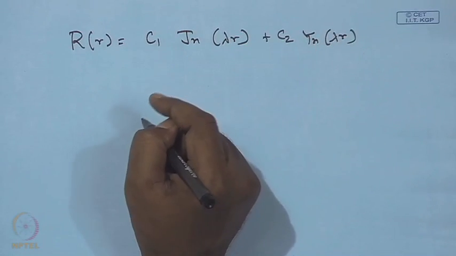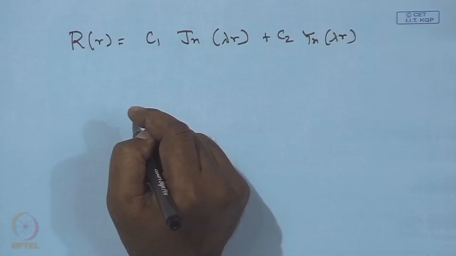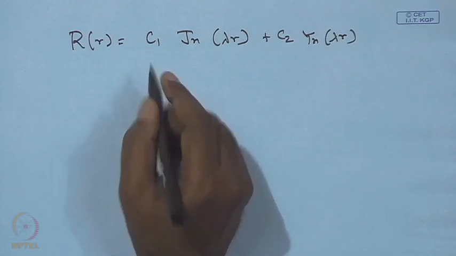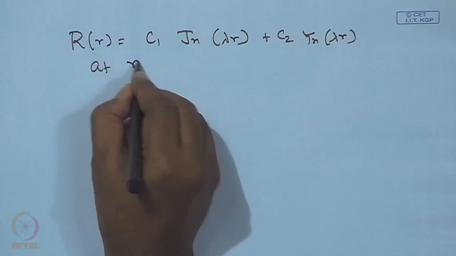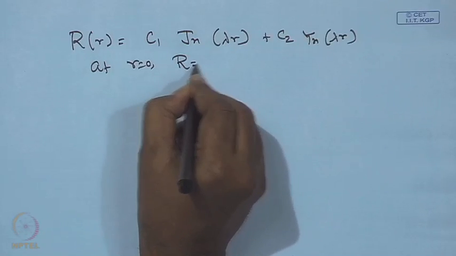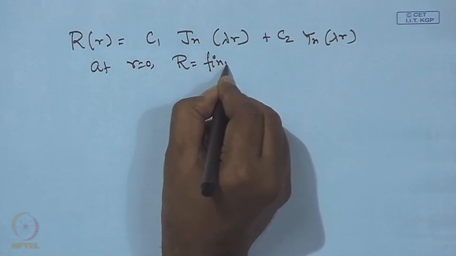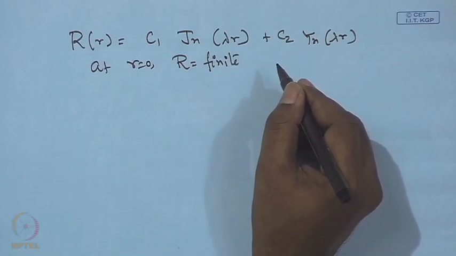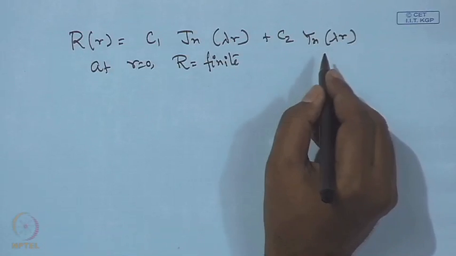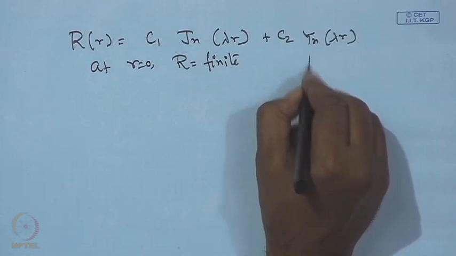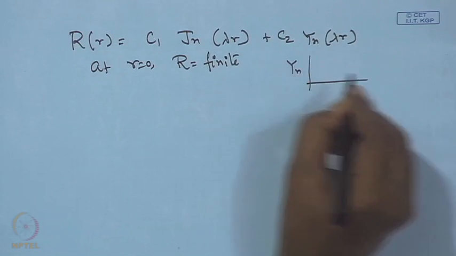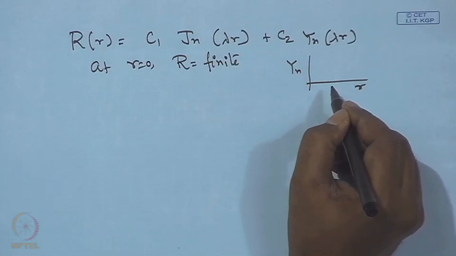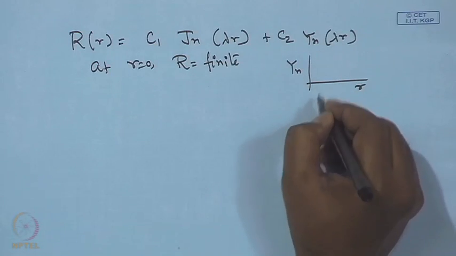Now, we have two boundary conditions on r. We utilize them. At r equal to 0, your capital R is finite. If you remember the variation of Y n as a function of r, Y n is infinite at r equal to 0.